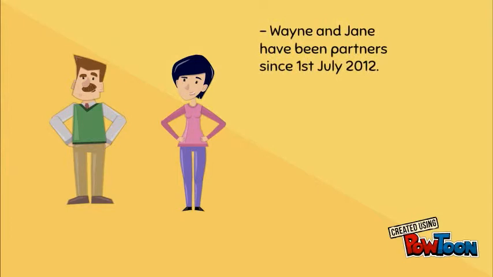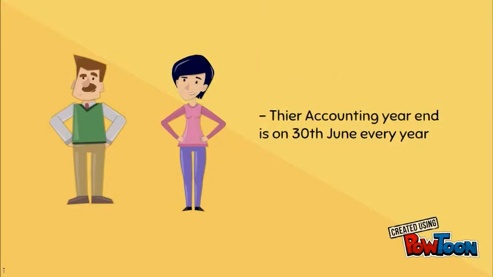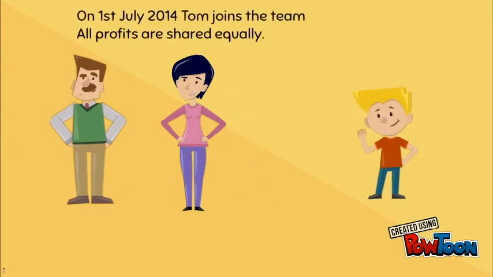So another scenario is where Wayne and Jane have been partners since the 1st of July 2012, with their accounting year end on the 30th of June every year. On the 1st of July 2014, Tom joins and all the profits are shared equally.